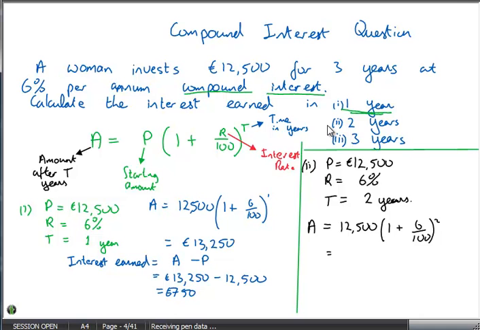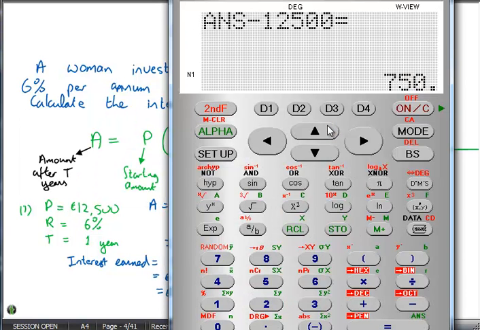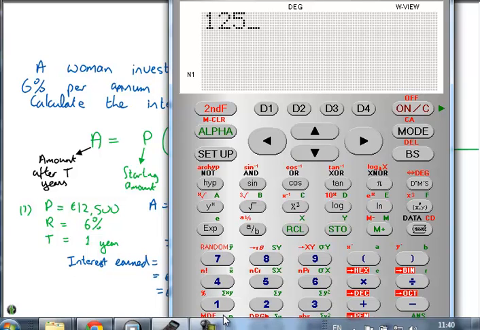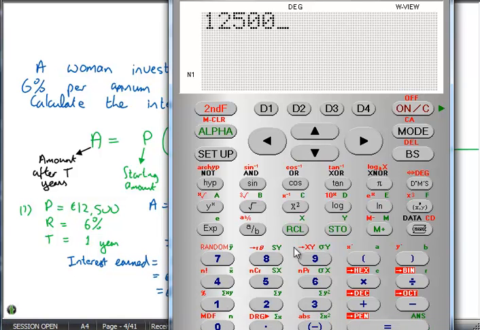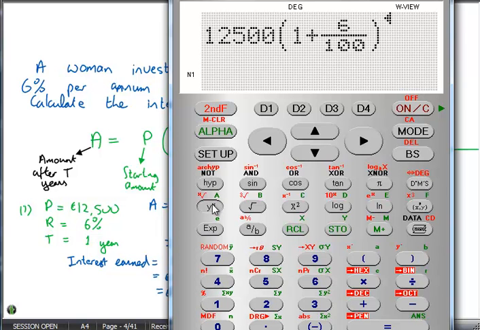And solving this one then, we'll do it again in the calculator. So we have 12,500, bracket 1 plus 6 over 100, arrow across, put in the final bracket, and y to the power of x, 2. And that works out to be €14,045.